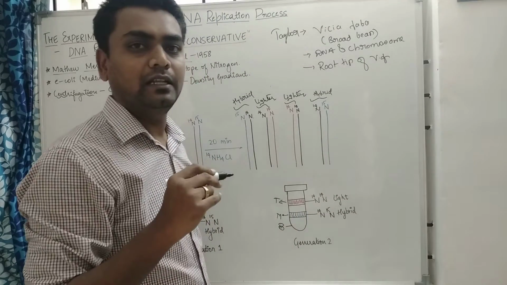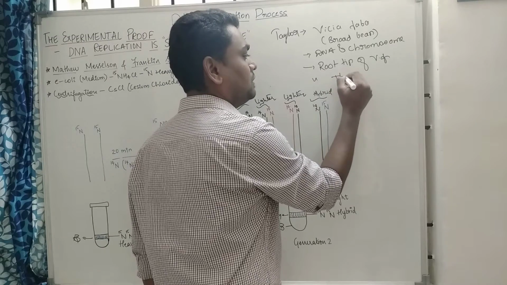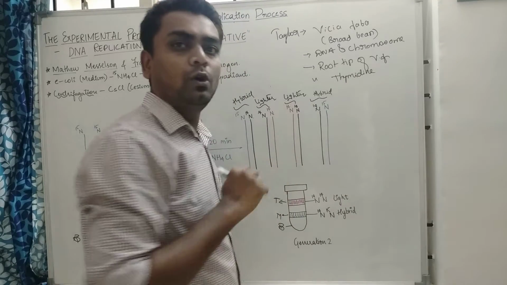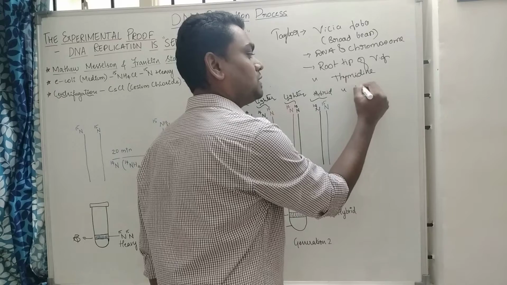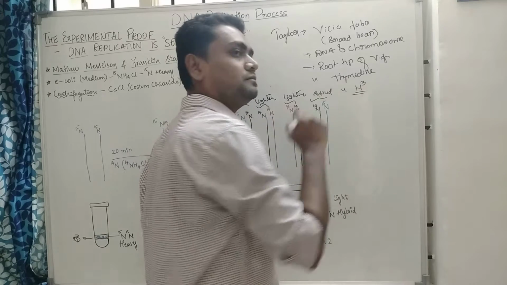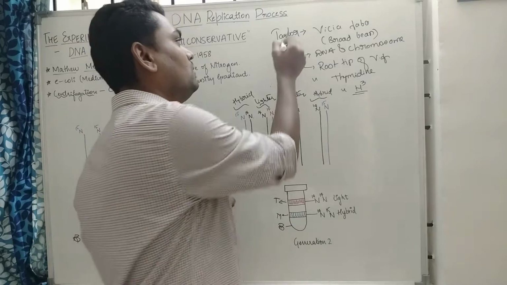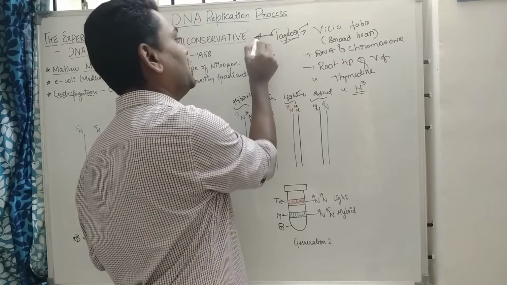Then he conducted the experiment. Which medium did he use? Thymidine. He used a heavy isotope, hydrogen, H3. He also said DNA is a semi-conservative method.